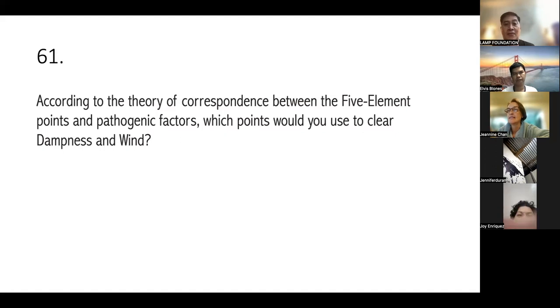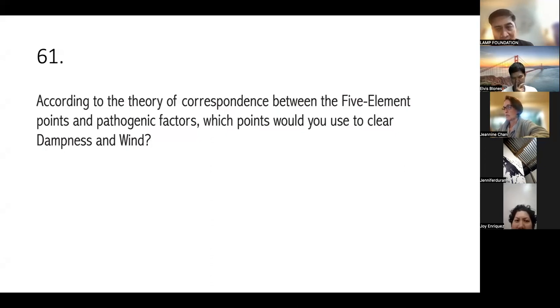Pag heat, pag fire point, di ba? Isisedate mo. Pag malamig, yung water point. Pero kukunin mo yung water para uminit, di ba? So ang wind, anong klaseng point?